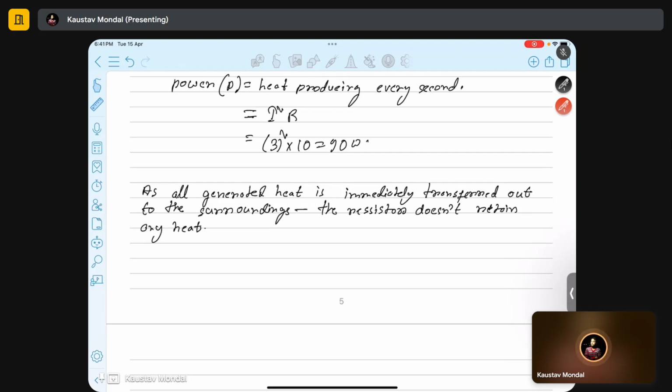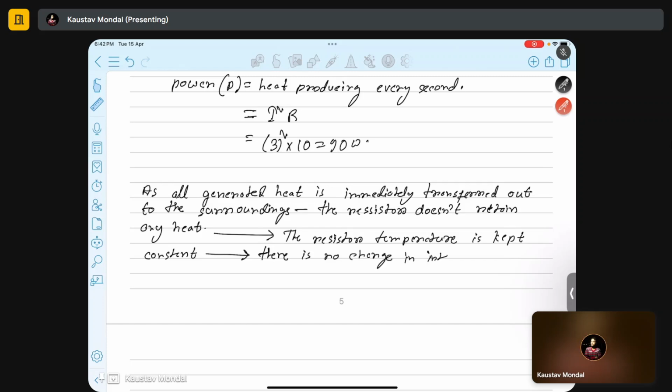So for that reason, what happens? That means the resistor temperature is basically kept constant, and which means that there is no change in internal energy.